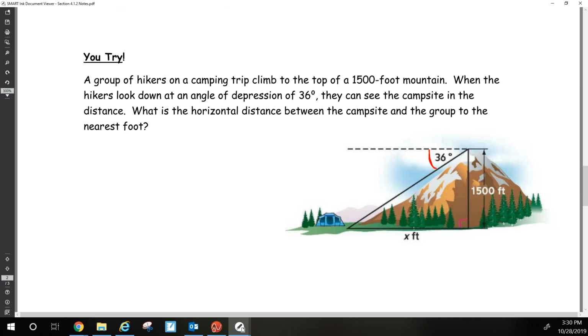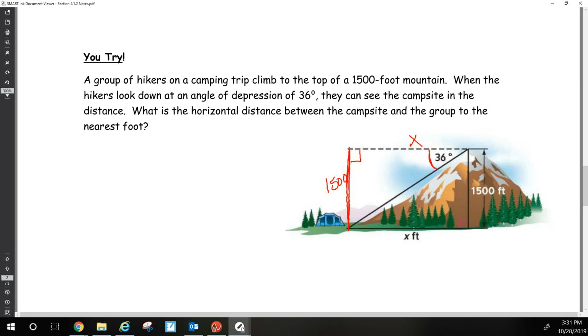So we could do this two different ways. I could make this into another triangle. This is 36 degrees, and this is a nice little parallelogram. This would be 90. I know I'm still looking for x, and I know the height is 1500, so I could solve this triangle here.